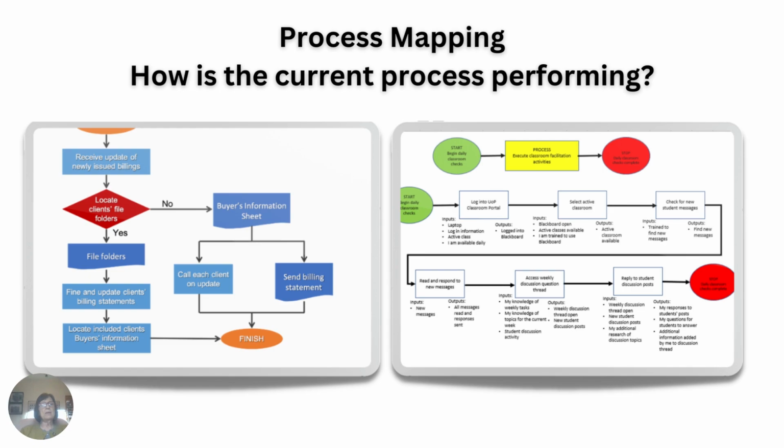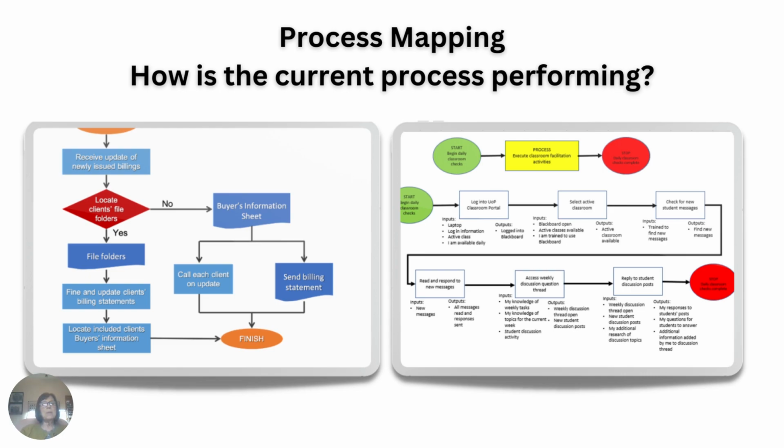At the top, it gives a very high level. So it has the start, the stop, and the yellow box is the process itself. Then we take that down a few thousand feet, and all of these individual rectangles are actually steps that fall within the yellow process box. You'll see inputs to that step, and outputs that come out of that step when it's done.